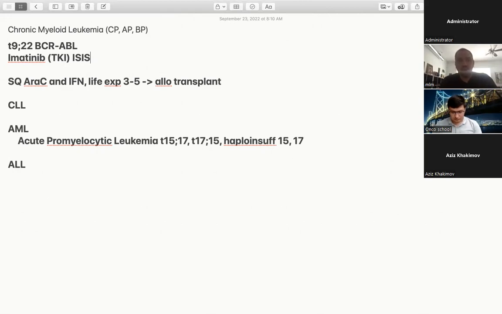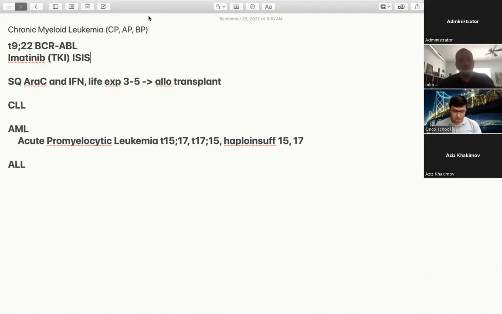Indeed, only around 5% of people went into blast crisis on this imatinib study. So 95% of people had disease control with imatinib versus 30 to 40% with Ara-C and interferon. And the interferon and Ara-C eventually would fail, whereas imatinib does not necessarily fail. People can be on imatinib for 20 years and still have disease control.